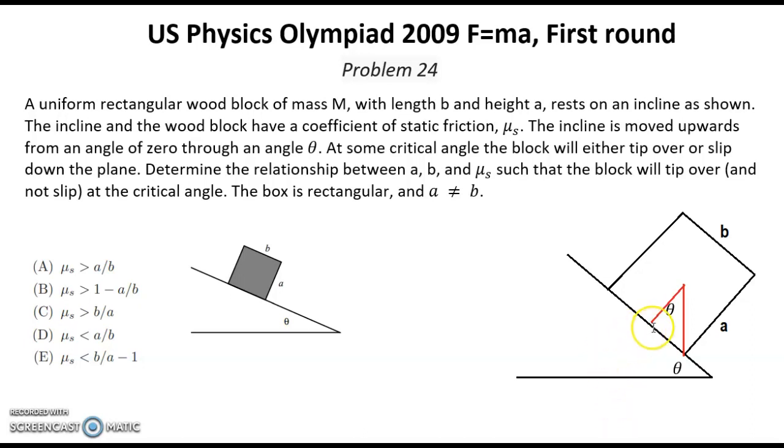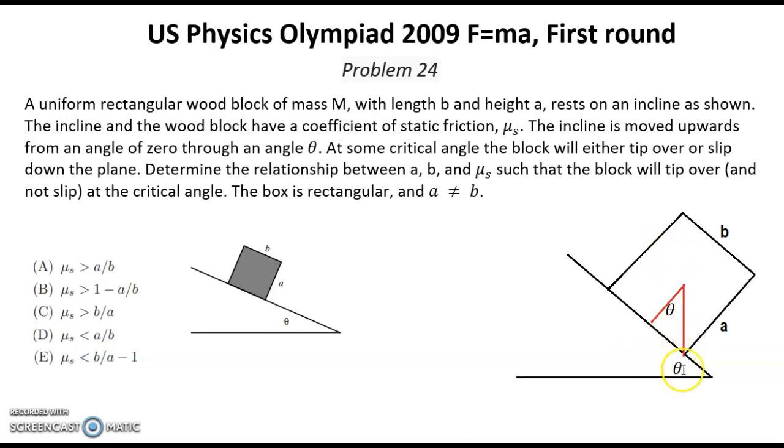And it is also a critical position because the center of gravity, which is the center of mass, and the vertical line going through it pass exactly through one corner of this block. It means that after it moves a little bit further, it will tip over because there is no support from the base of the block.